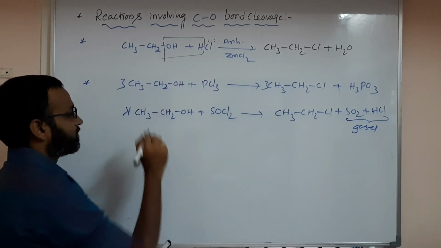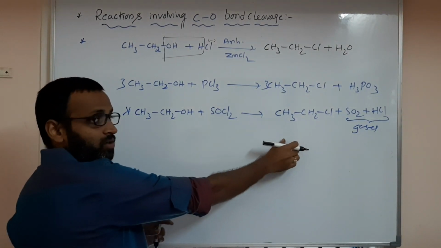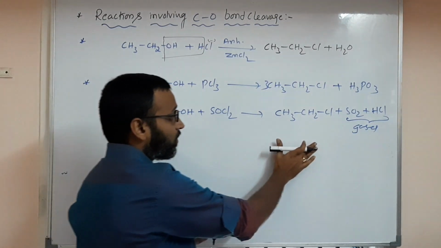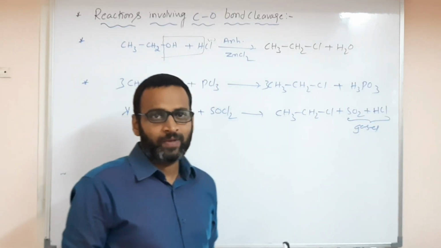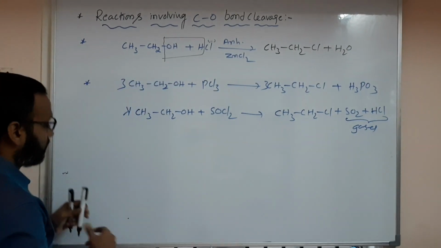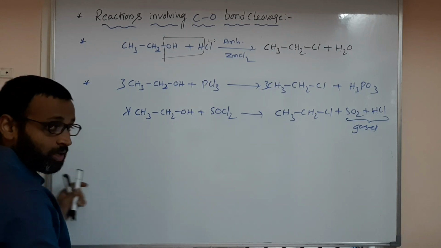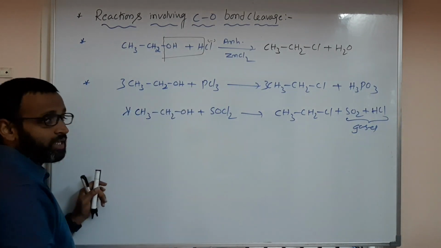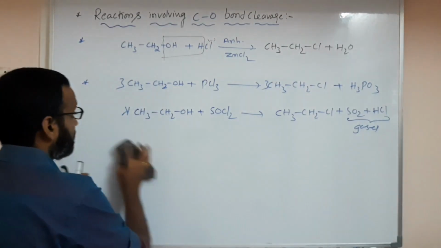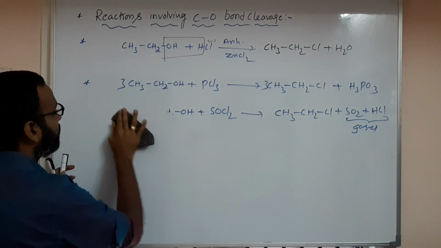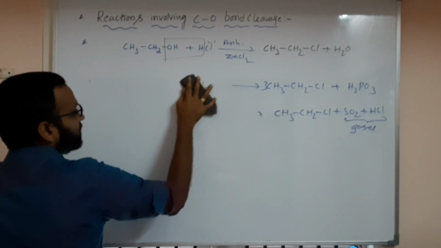Remember this. And even with PCl5, I told you, ethyl alcohol gives ethyl chloride plus POCl3 plus HCl. So this is one of the important reactions. Why am I explaining these reactions? You may have a question: these we already learned in the preparation of alkyl halides. So now we will discuss dehydration.